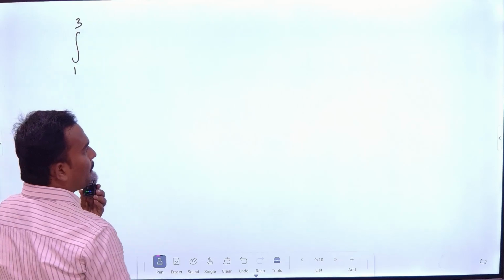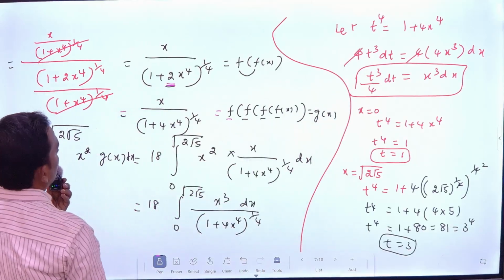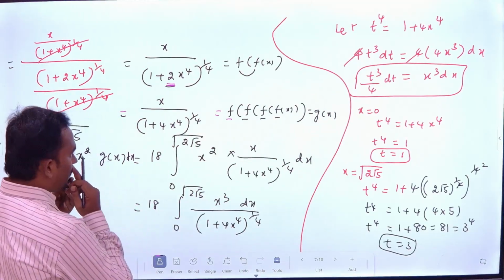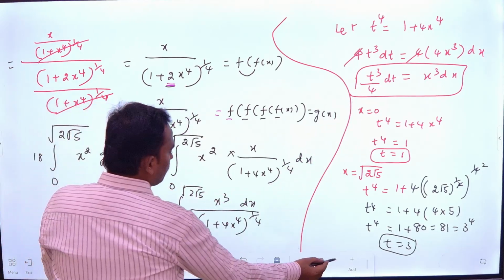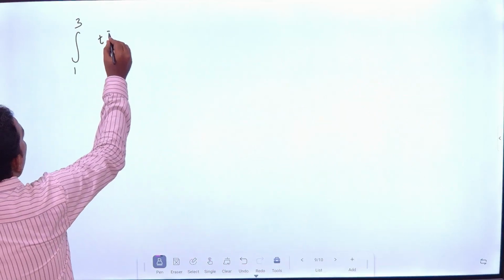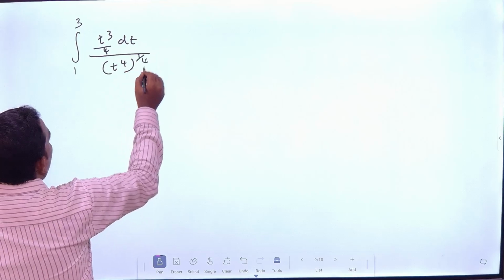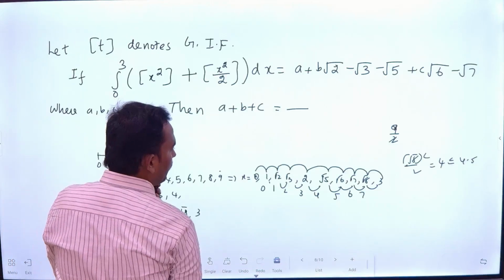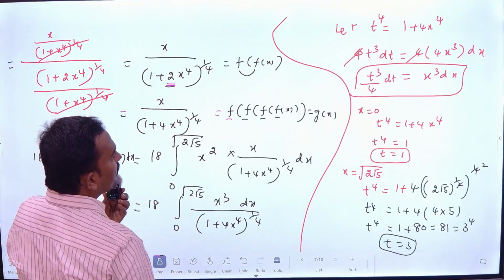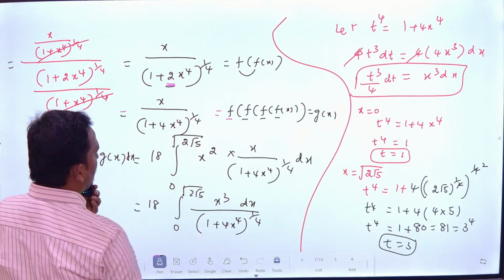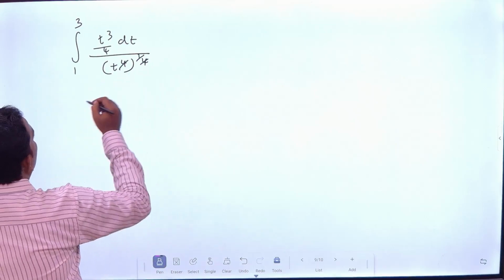And x cube dx we write as t cube by 4 dt, divided by (t power 4) whole power 1 by 4. Because 1 plus 4x power 4 we are considering here as t power 4, so (t power 4) whole power 1 by 4. Okay, fine. This cancels.